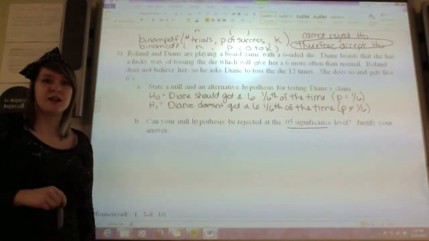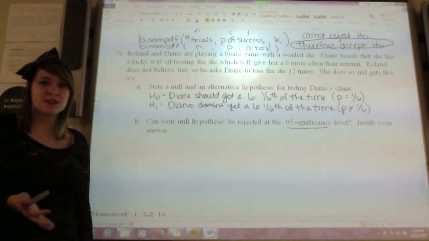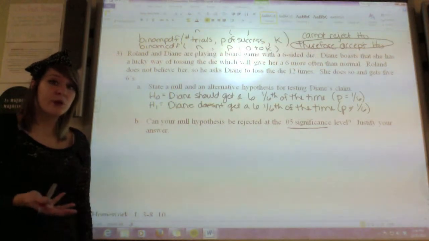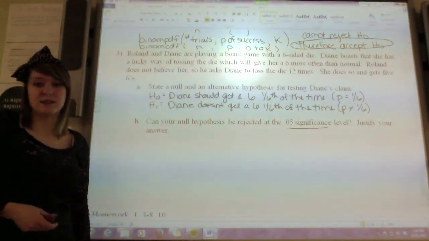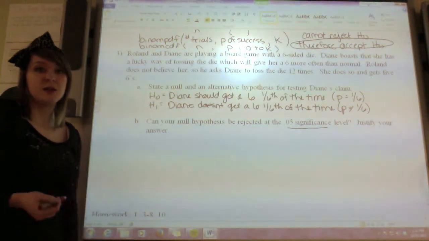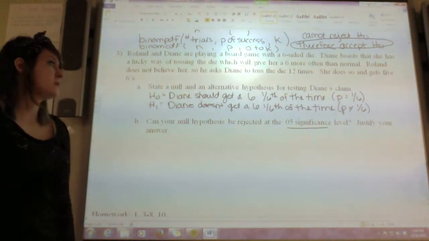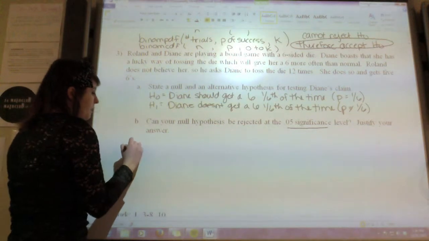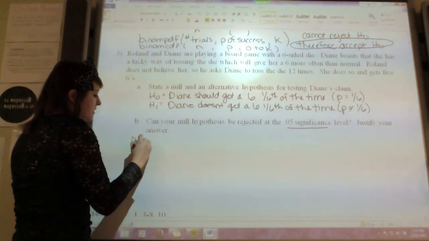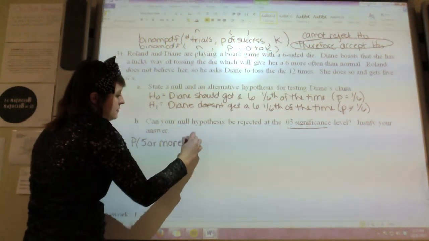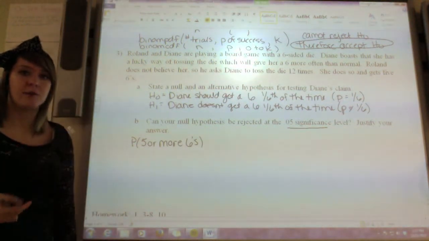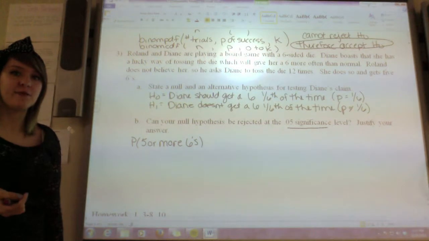Would it be less likely to get 4 6s, 3 6s, 2 6s? Or would it be less likely to get 6 6s, 7 6s, 8 6s? The answer is that it would be less likely to get more 6s. So I'm going to look for the probability that she gets 5 or more 6s. I want to know how she can get 5 or more 6s.